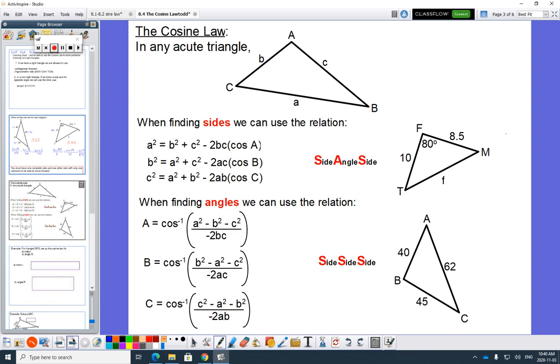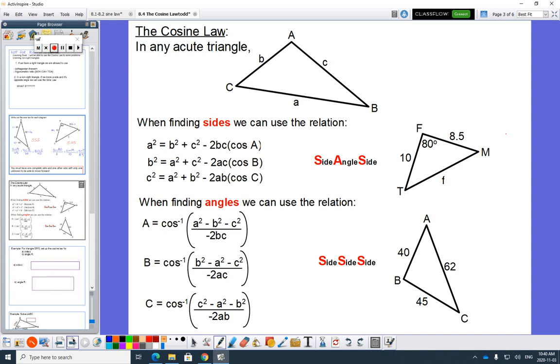It's not going to say use the sine law to solve this triangle, use the cosine law, use SOHCAHTOA. You have to figure that out, okay? And then obviously we're going to do word problems as well, so maybe you even have to draw your own triangle, okay?